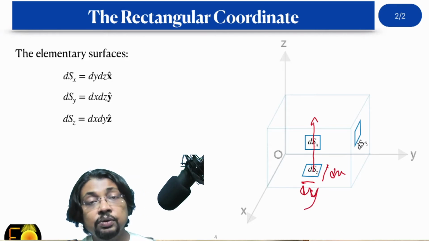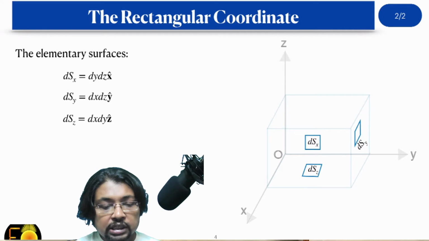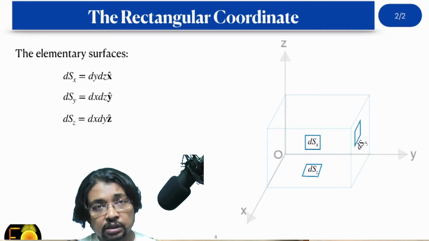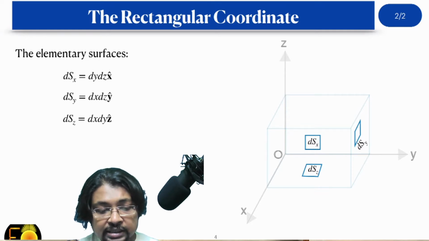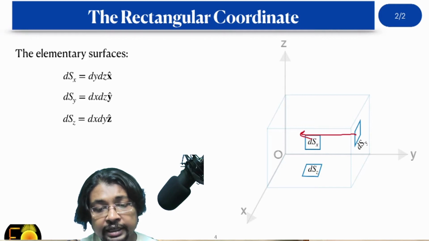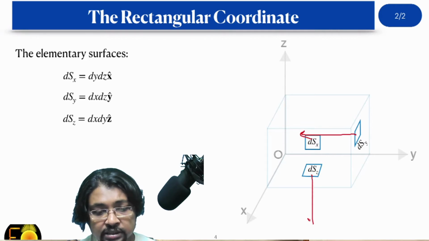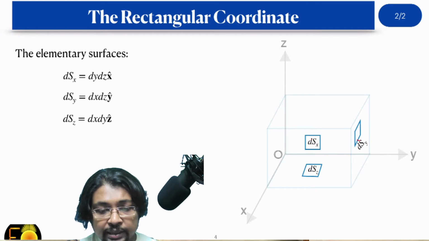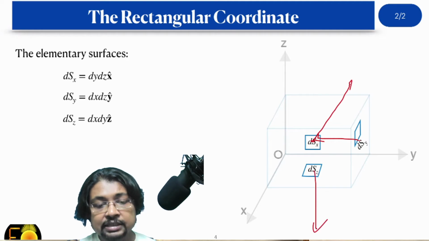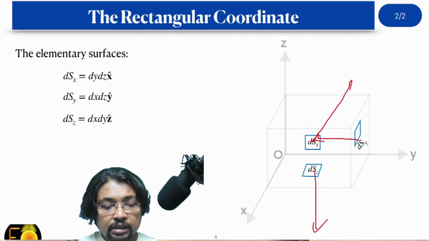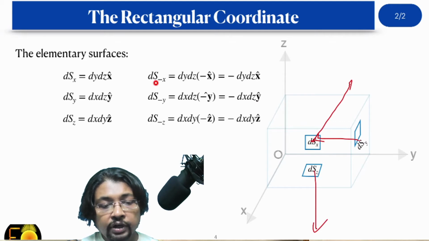So dx times dy. Now these surfaces have the surface normal along the positive z direction. But if I consider the same surface, but with the direction of the surface normal aligned along the negative x-axis, negative y-axis, or negative z-axis, in that case these surfaces will be defined in this way.